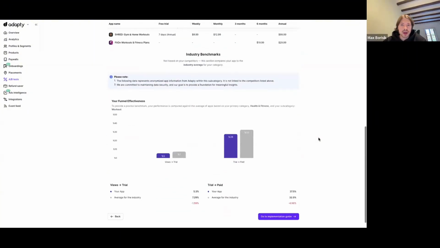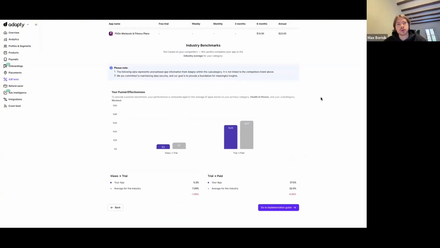But then on the bottom, there is also a section we're calling industry benchmarks. And how we can use it is that we see the apps in the category health and fitness and the subcategory workout inside of Adapty, and we grab the big data, anonymize all these apps, and we just see what is the average of the apps inside of Adapty in terms of the conversions.